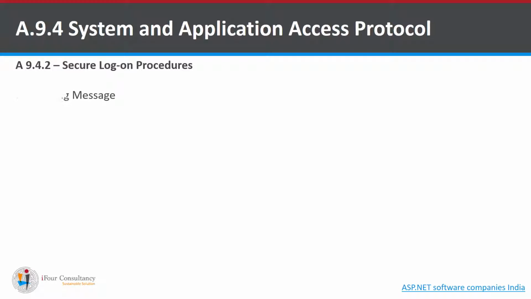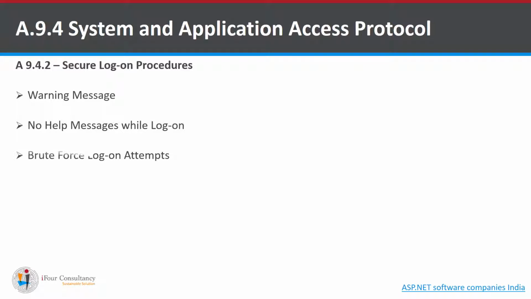For example, a warning message can be given at the time of logon that you are being monitored, or no help message should be given while logging on, so a third party cannot guess a password. Brute force attacks on logon attempts can be restricted or prevented. IDS and IPS can be installed to detect or prevent incidents happening during logon.